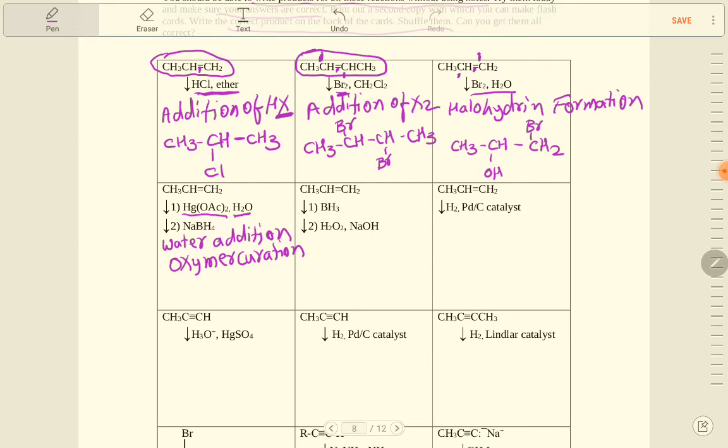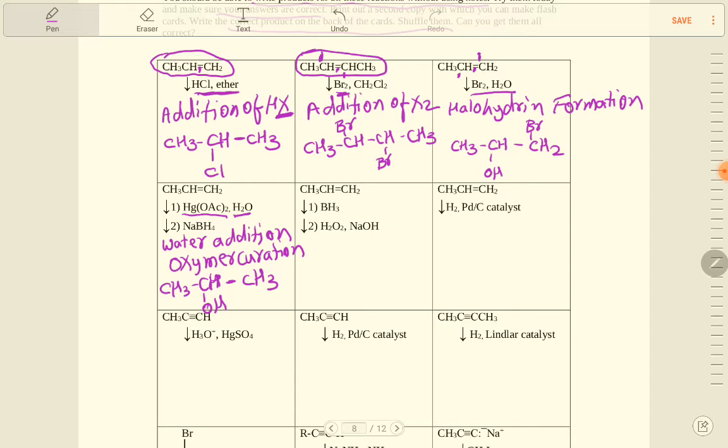So in that one, when we write its product, we have CH3, CH, OH is here, and CH3. So that could be our product.